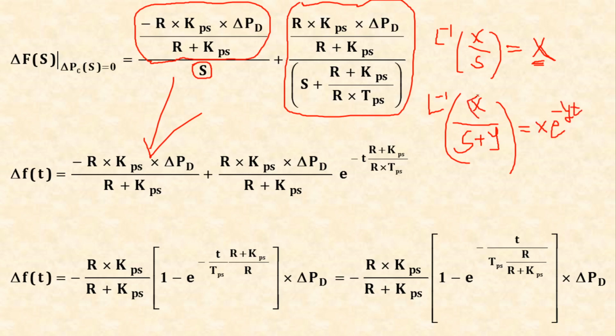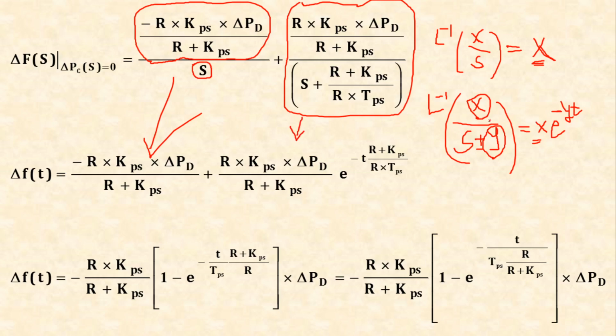Means the constant which is in numerator will be multiplied with e raised to minus yt. That means the s plus term will be multiplied with t, and if there is a plus sign, then there is a minus sign. So, this is the Laplace inverse formula that we will use to find out the inverse Laplace of this term.